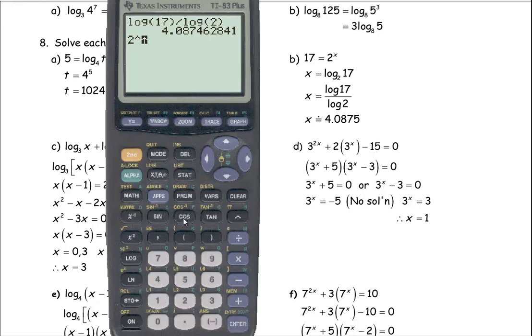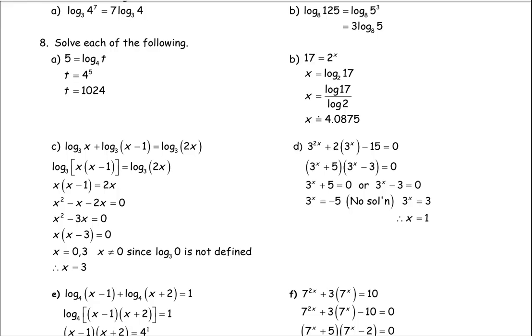Now, if I want to get the exact 17, I'll just use the answer that's stored in my calculator and evaluate it, and it gives me exactly 17. If I type in the 4.0875 number, it only gets me close to 17, not exact. But that should be close enough to convince you that you're probably right.